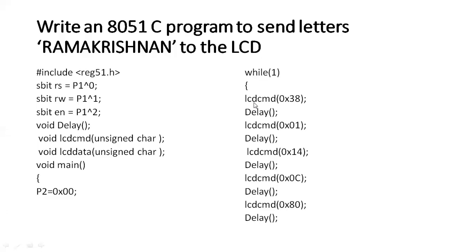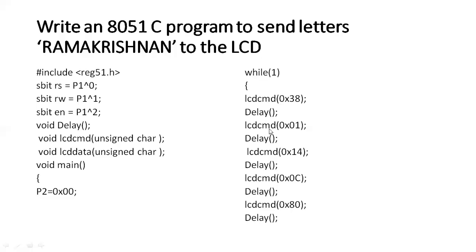LCD CMD: CMD is nothing but command. I'm calling the function LCD command 0x38. This 0x38 is the 5x7 matrix mode. After that, it will call the delay function. The delay function just wastes some time to move to the next instruction.